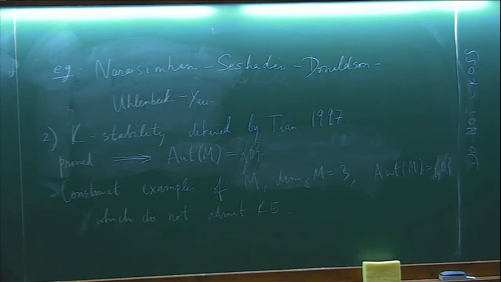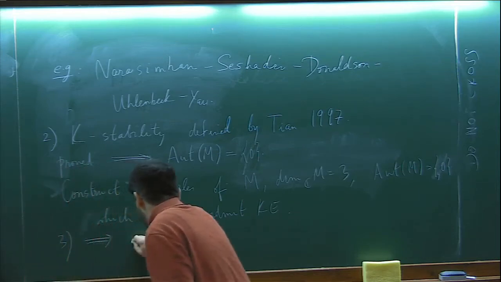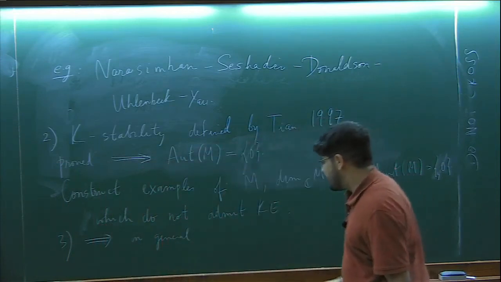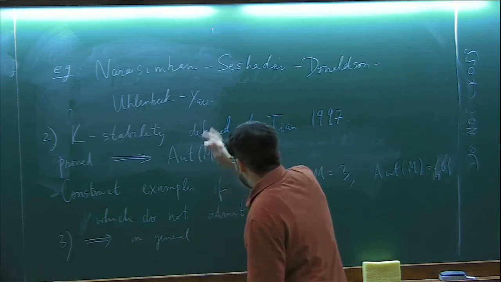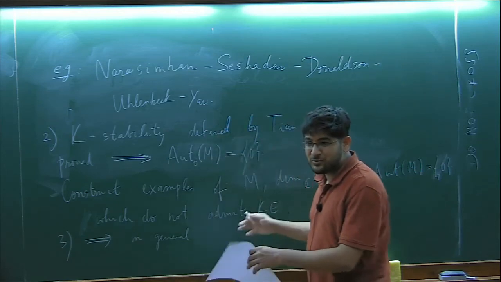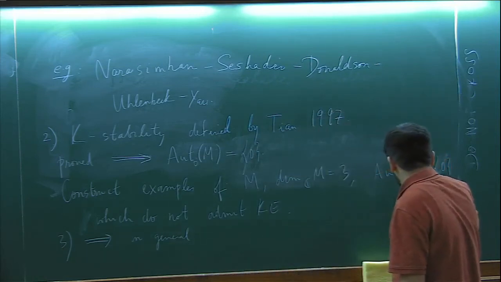Okay, and maybe I should make a final remark here about this implication in general for possibly non-trivial automorphism groups. Again, when I say automorphism group, I strictly mean the identity component of the automorphism group. Of course, you're allowed to have a discrete automorphism group.